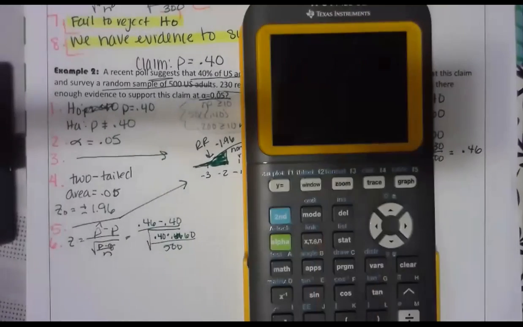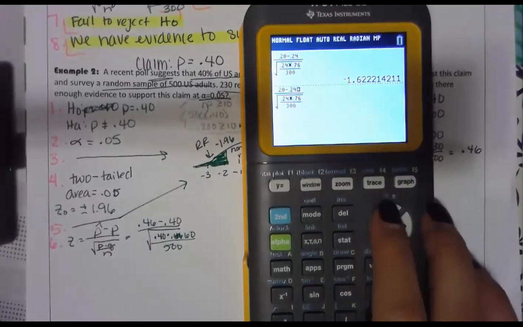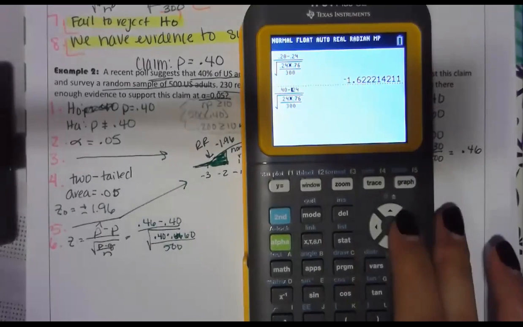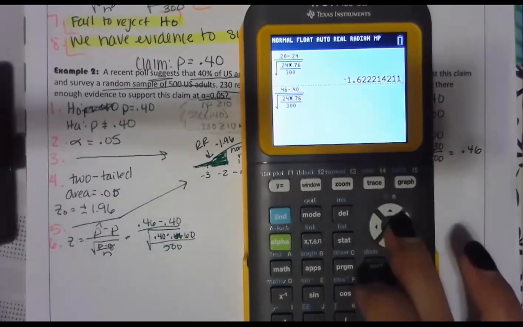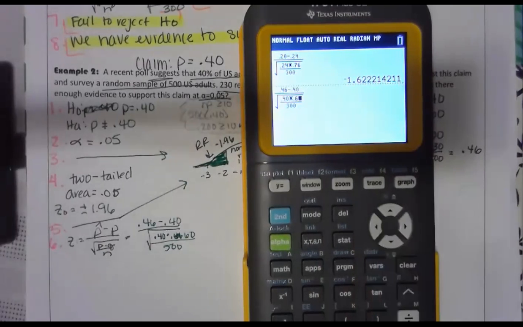Right, so doing that, I'm just going to copy and paste this. So starting right here, 0.46 minus 0.40 divided by 0.40 times 0.60 all over 500.